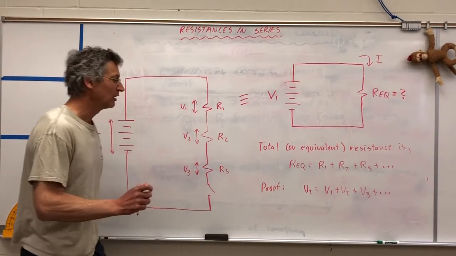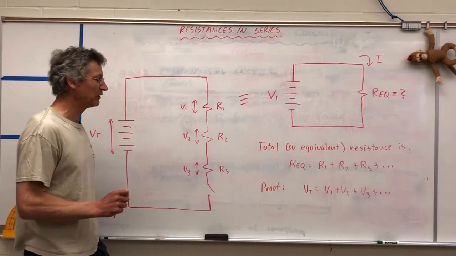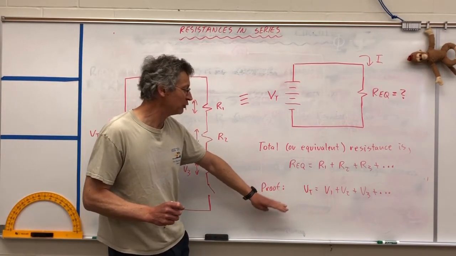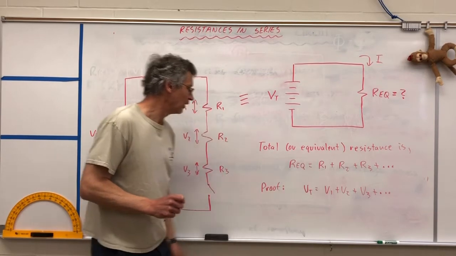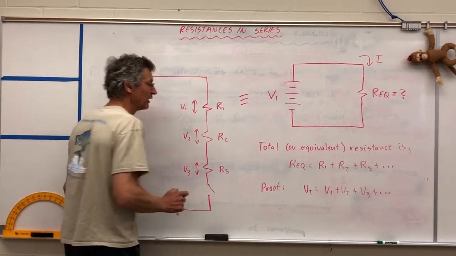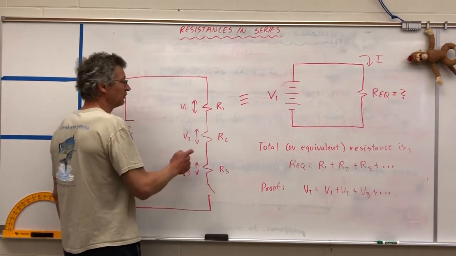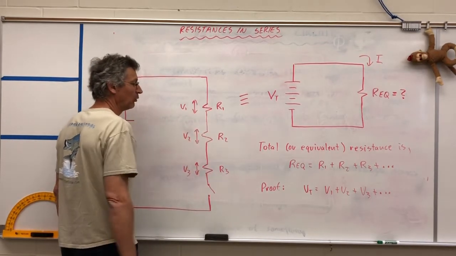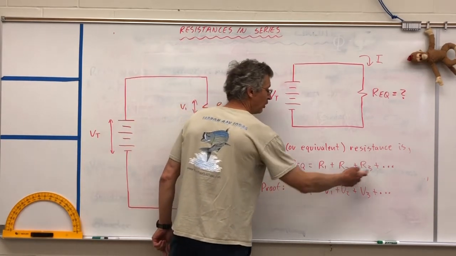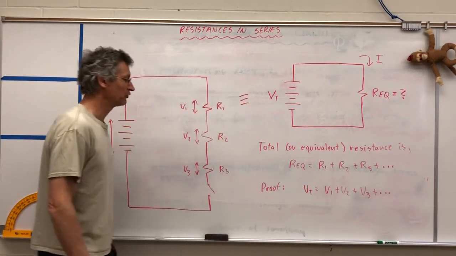Sometimes, you know, things aren't always the way they seem to be. So let's just mathematically prove that, yeah, this is true. So we want to prove that the equivalent resistance to these 3 small ones is going to be equal to the sum of all those small resistances.